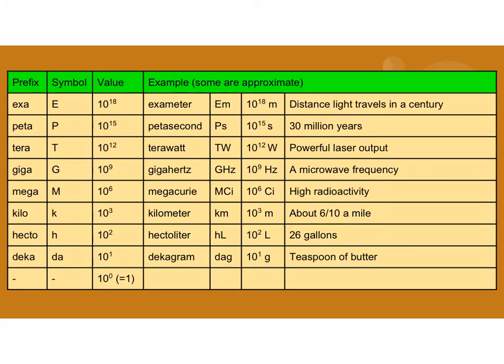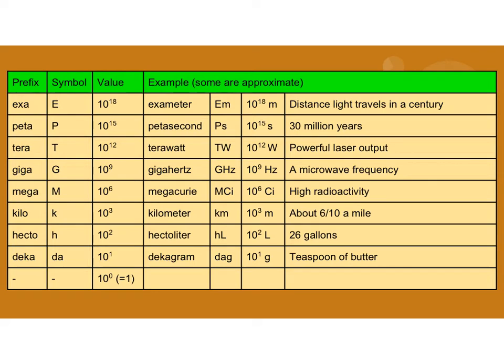So here we have a nice table that you can record in your notebook if you would like. It's a good reference point for order of magnitude. It also happens to give us the many prefixes that we use at different orders of magnitude in the metric system.